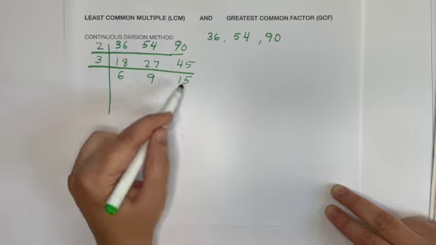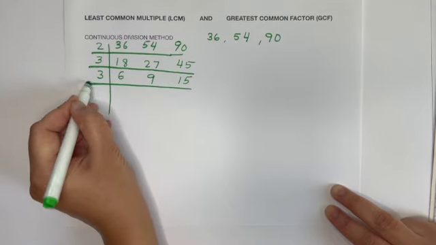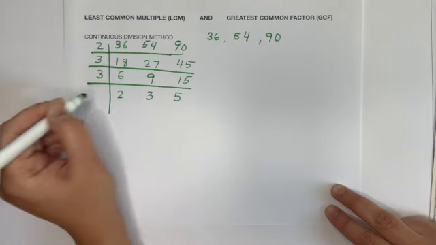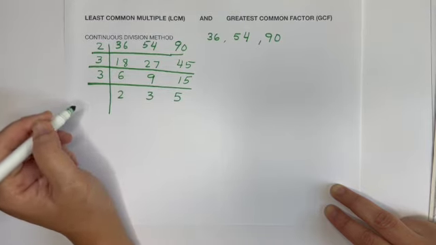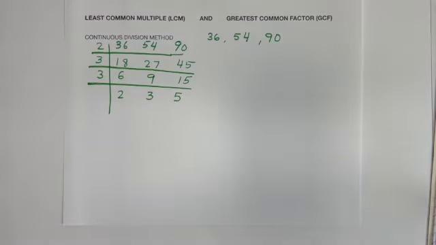Since all 3 numbers are also divisible by 3, again I'll divide them by 3, and I'll end up at 2, 3, and 5. Now I can see that these remaining numbers are all prime numbers. That means I cannot divide them any further.